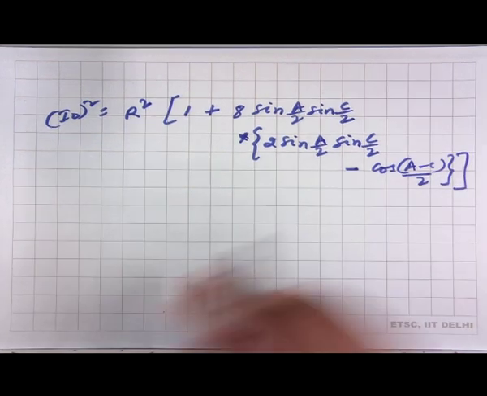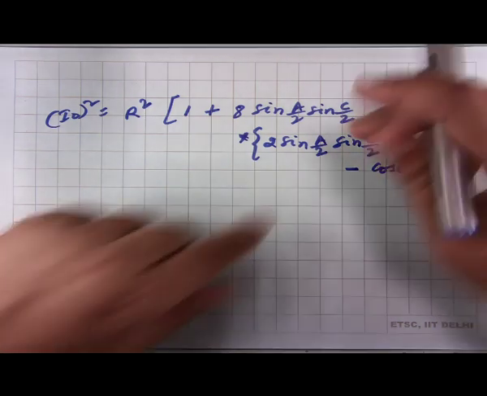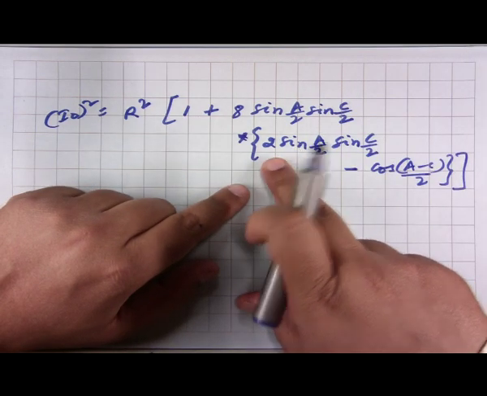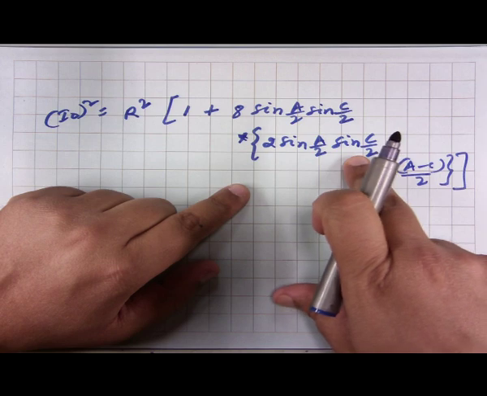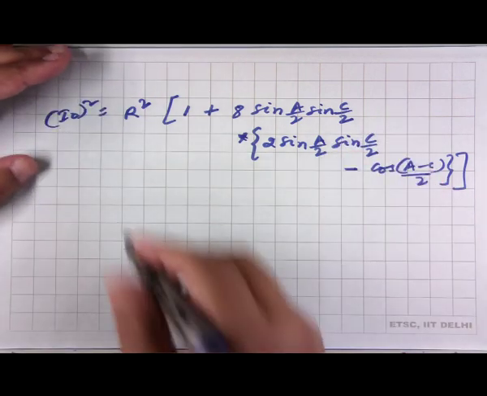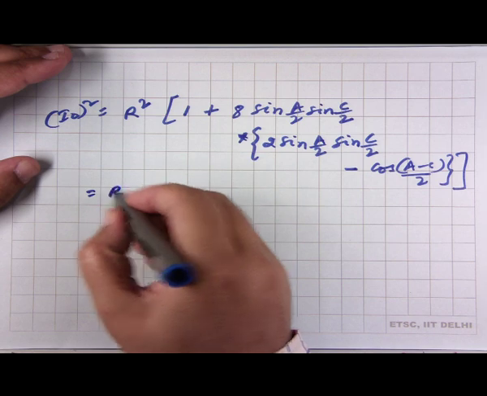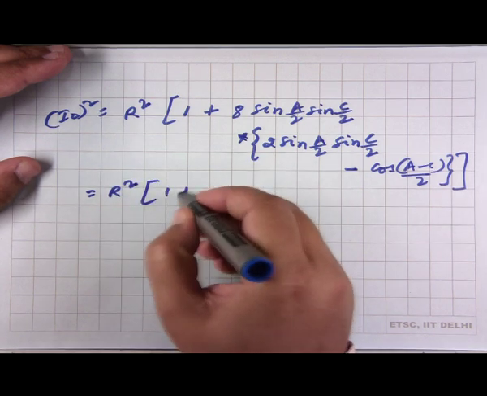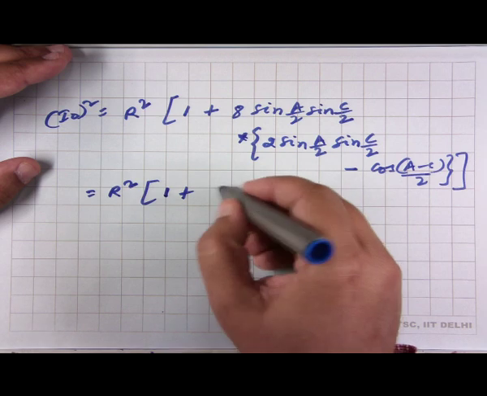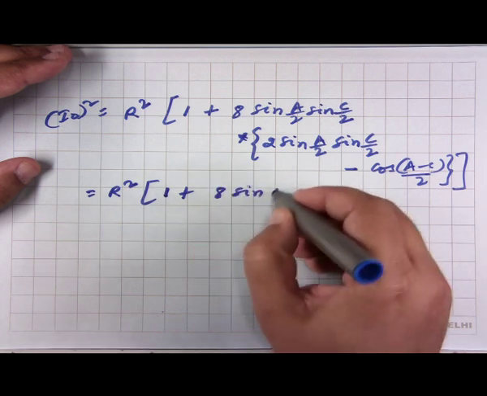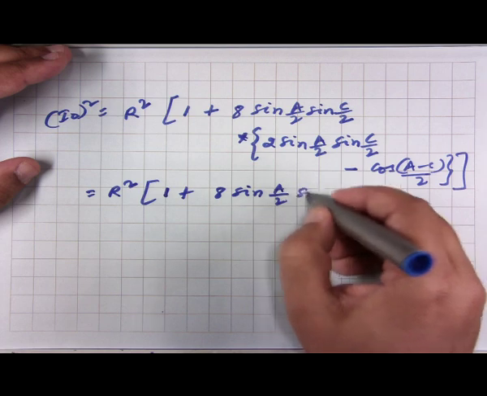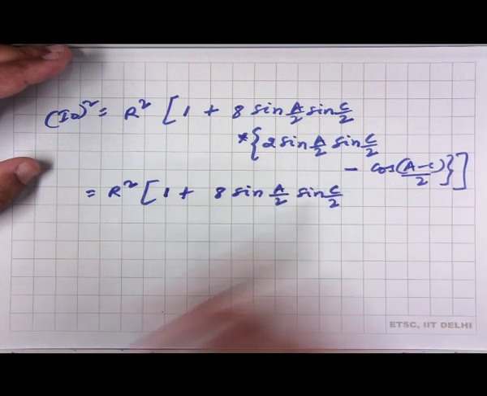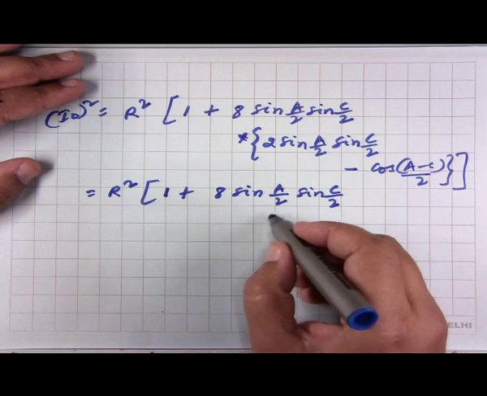Of course, here we have to use the 2 sine A sine B type of formula, and using that we will get IO square to be equal to R square into 1 plus 8 sine A by 2 into sine C by 2 times.